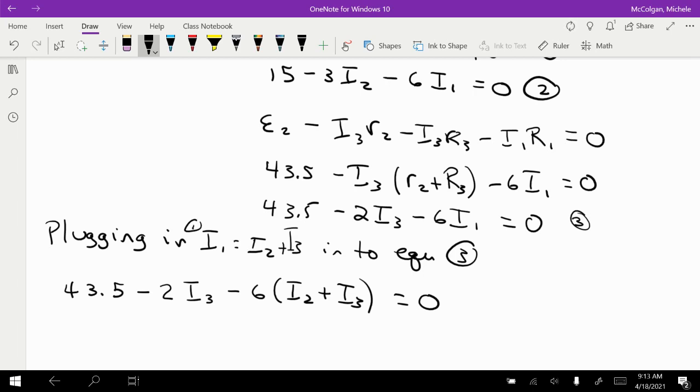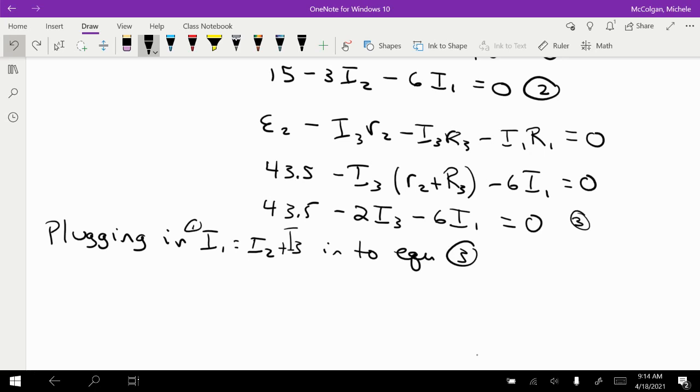And so if I look at I3, I3 has I1 and I3 in it. So if I substitute in for, well, I probably should have done that a little differently. I think what I want to do is keep I1 in this equation. So I'm going to go back and erase that. I want to keep, I'm going to plug in, still using equation 1, but I want to keep I1, and I want to get rid of I3.